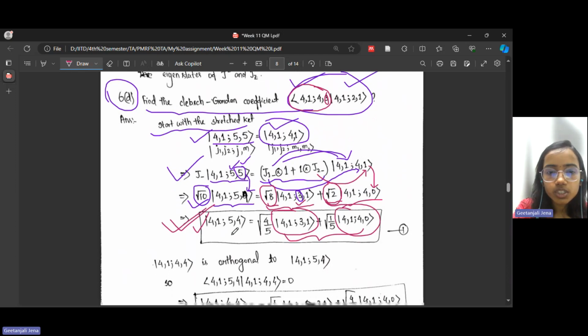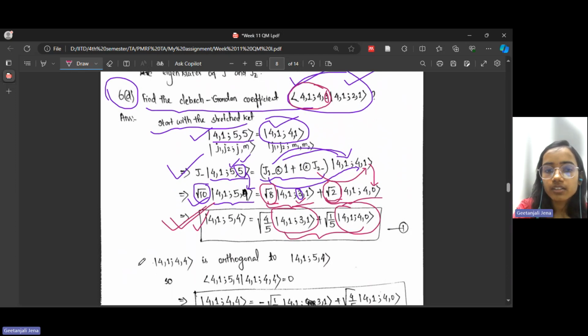So before doing that, we already know this 4144. So before coming to 3, we have to check the expression for 4144, right? So after that, we can act a lowering operator and get the value of 4143. So 4144, you already know it is orthogonal to 4144.